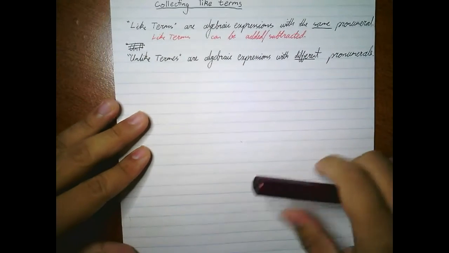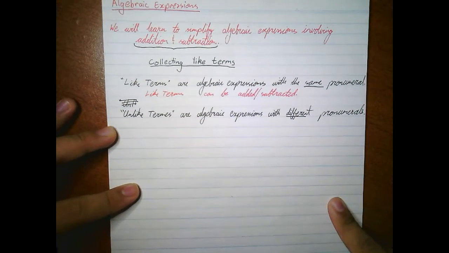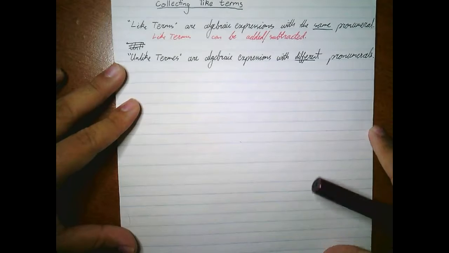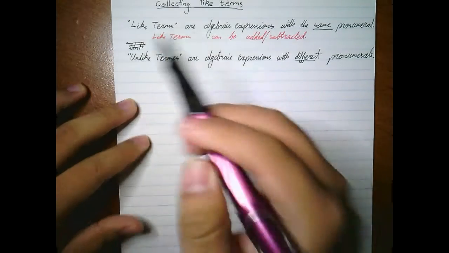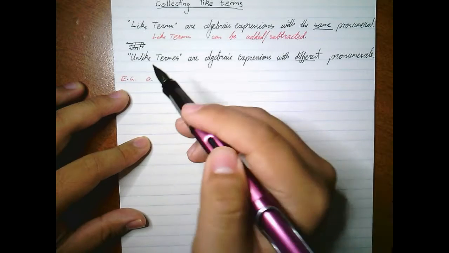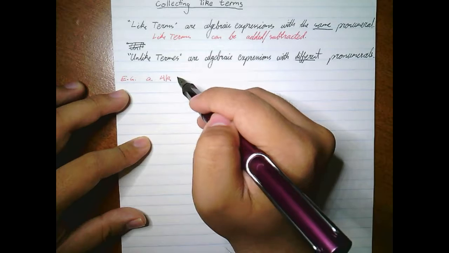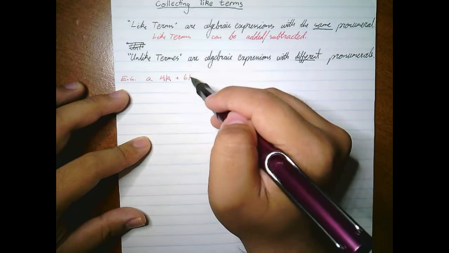Now, like with most things in math, it'll only make sense once you start to see it. So I'm just going to give you a few examples. Let's take, for example, A: 4k plus 6k.